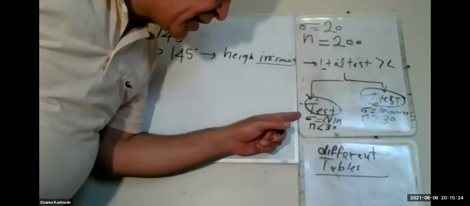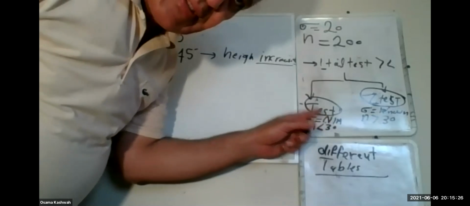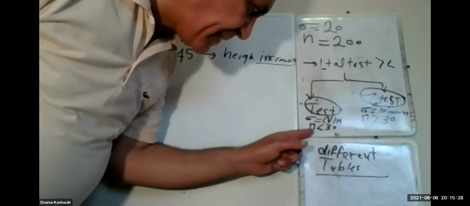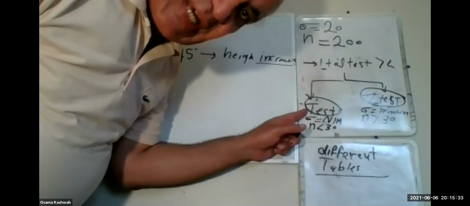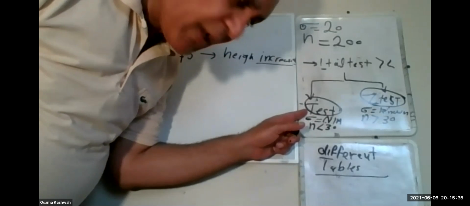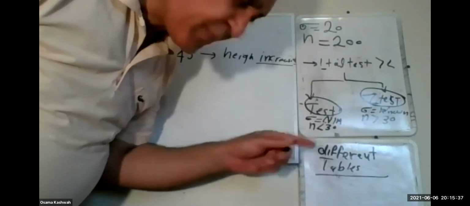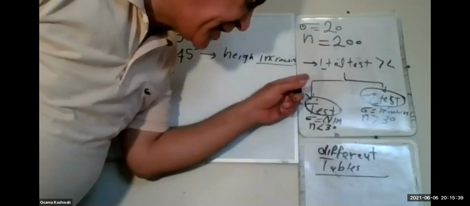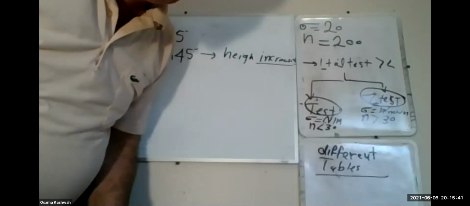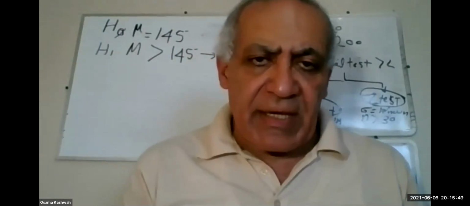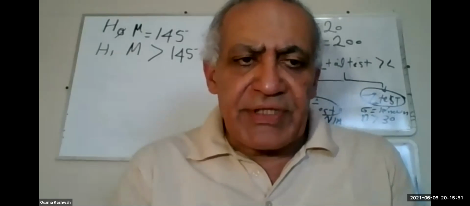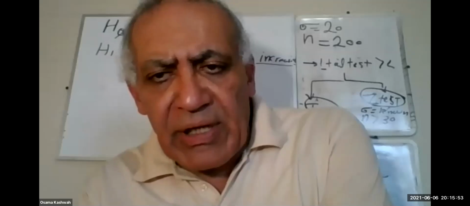If sigma is unknown and the sample is less than 30, then I will go to the t-test, or the table of t. Here is the table of Z, here the table of T. The difference is only in which kind of table I will use; the rule and the formula are the same.